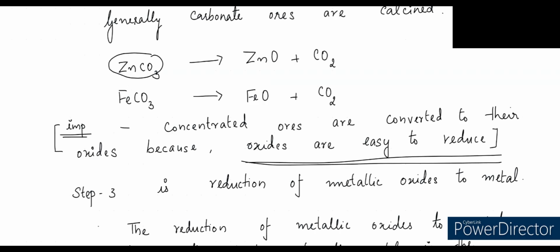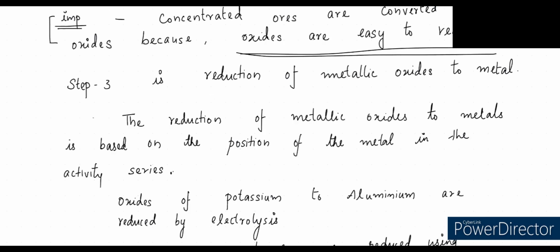Moving on, the third step in metallurgy is the reduction of the oxide to its metal. And this process of reduction is done based on the position of the metal in the activity series. If you remember the activity series that we have studied earlier, it contains potassium, sodium, calcium, magnesium, aluminum, zinc, iron, tin, lead, etc. It goes on like that.